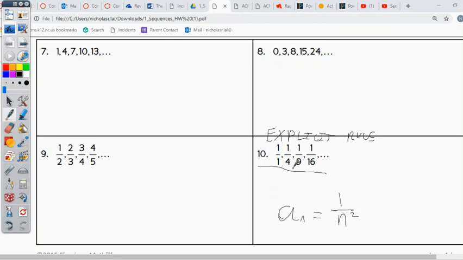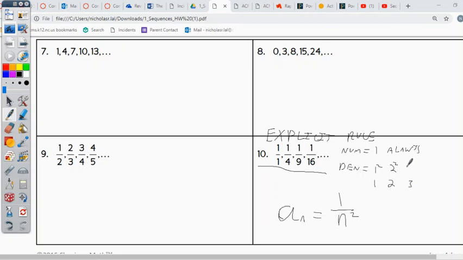Let's look at the pattern here. The numerator is always equal to 1, always, okay? And notice, for the denominator, the first term is 1 squared. The second term is 2 squared, which is 4.